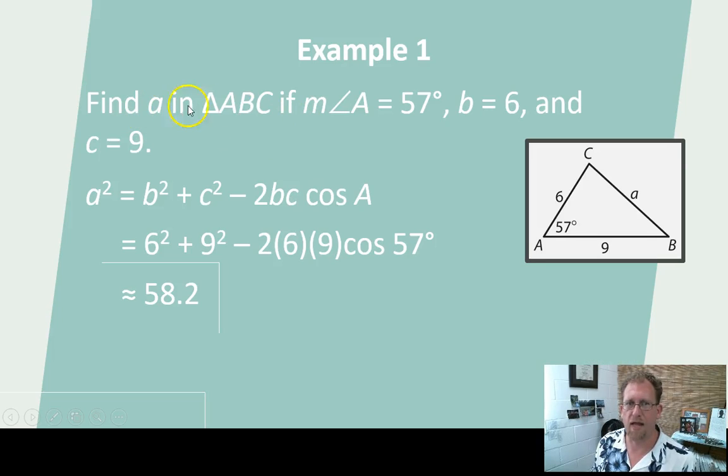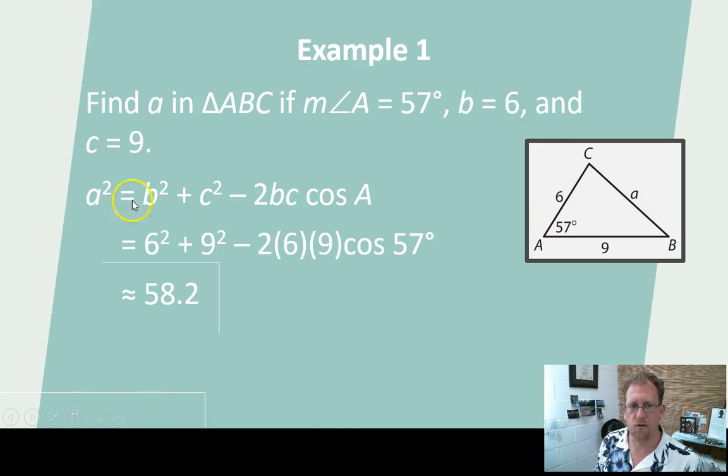So in triangle ABC, I want to know what is length a. Measure of angle A is 57 degrees, and b equals 6, and c equals 9. b is 6, c is 9, a is I don't know, but it's opposite a 57-degree angle. All right, let's figure out how long this is.